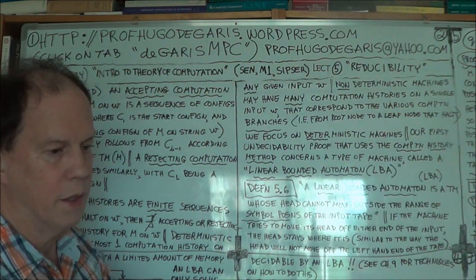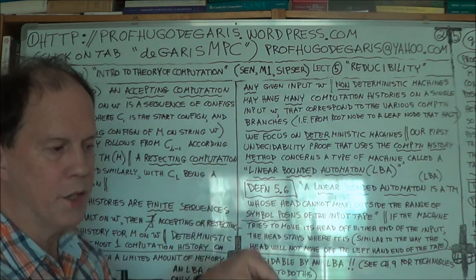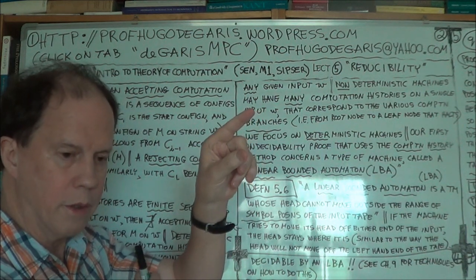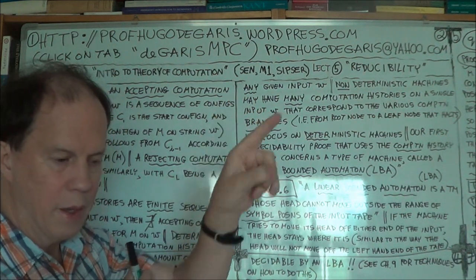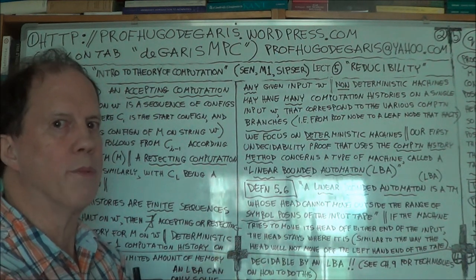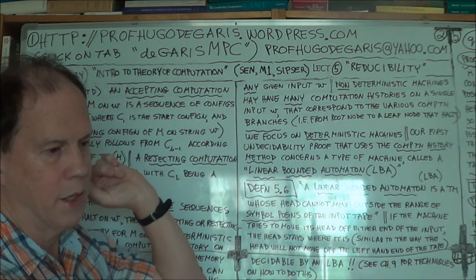then all those branches start from the root node, the start configuration, and the leaf of each branch is a reject or an accept state.